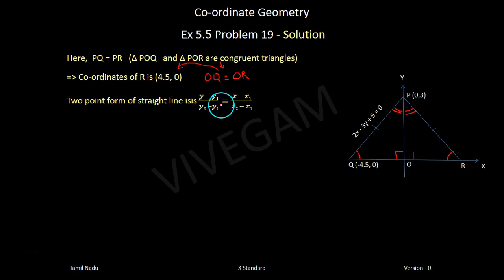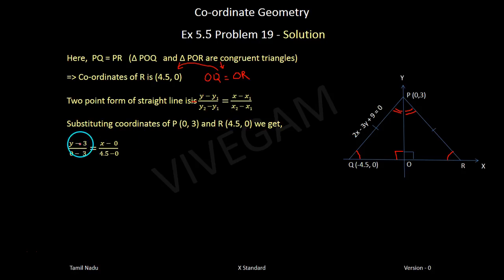Now we have coordinate R and we have Q. So all we need to do is substitute in the two-point form: y minus y1 by y2 minus y1 equal to x minus x1 by x2 minus x1. So this is x1, y1, this is x2, y2. So substitute that.